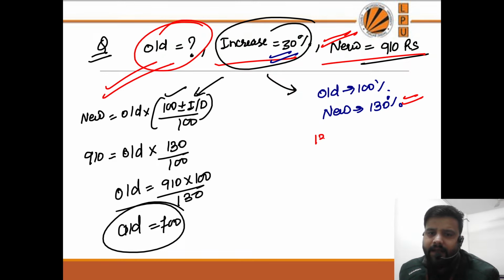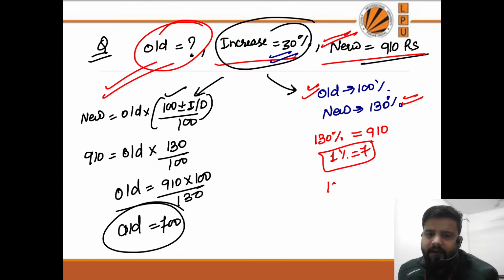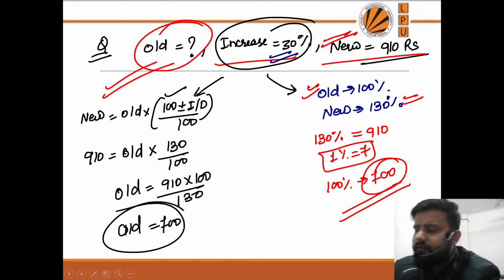Now you can apply the unitary method: you will equate 130% with 910. So from here 1% will be 7. The question is asking for the old value, so you are supposed to calculate 100%, which is 700 for this question, isn't it? I hope you got both the methods. Tell me in the comments.